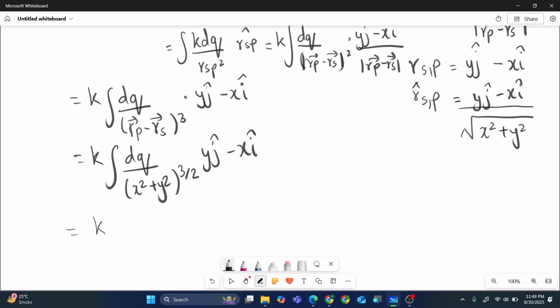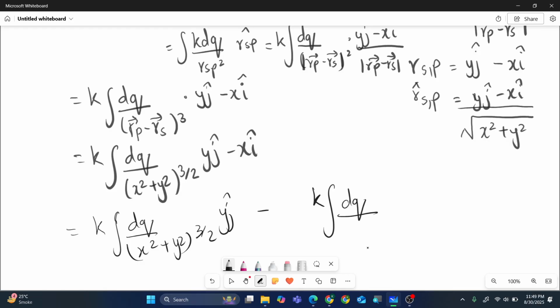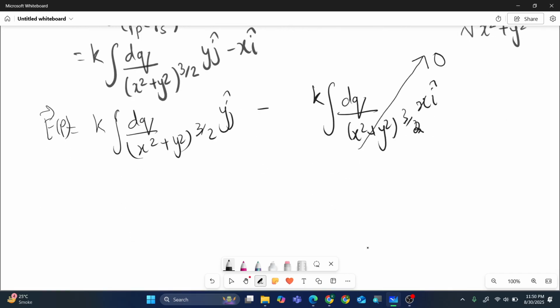So this is going to be k dq over x square plus y square to the power 3 by 2 yj unit vector minus k dq over x square plus y square to the power 3 by 2 xi unit vector. So we know that due to symmetry, my x component is going to cancel out, so this will reach 0, and the only effective component at point P is in my j unit vector direction.